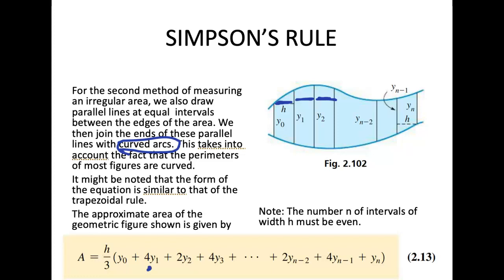For y sub 2, we multiply it by 2. Y sub 3, we multiply by 4. Y sub 4, we multiply by 2. Y sub 5, we multiply by 4, and so on, until we get to the very end, and at the very end, that stands alone, the y sub n. So let's look at a quick problem with this one.